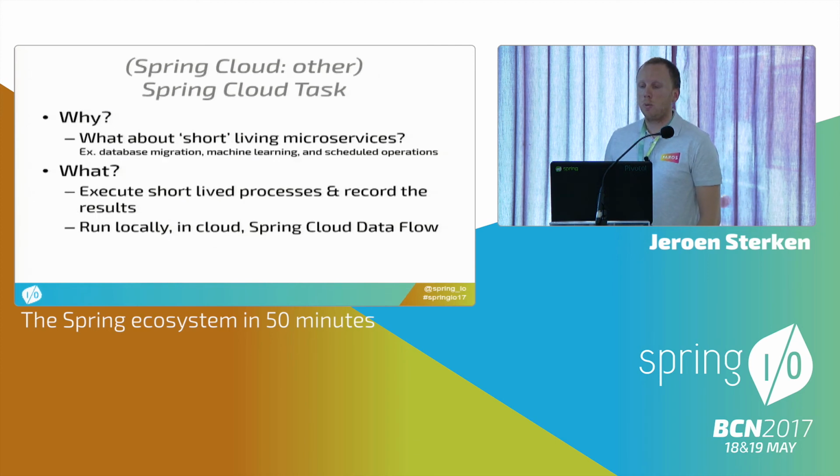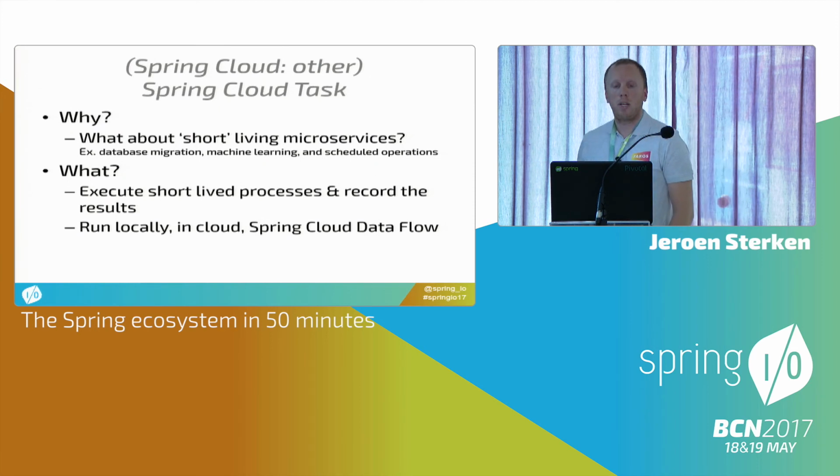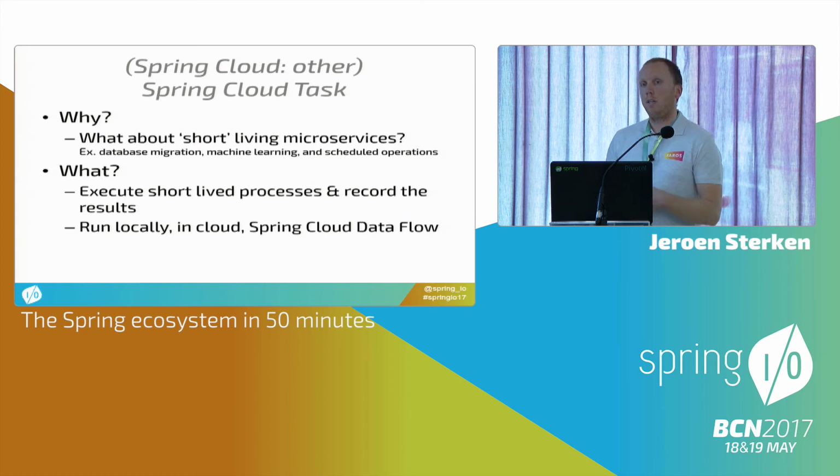And the last one that I'm going to discuss here on the cloud track is about tasks. The meaning of this project is that maybe you have some microservices that are short-living, meaning that they don't have to be operating all the time. They just do a certain operation, and after that one, it's just done. And Kubernetes doesn't really need to care about it anymore. It doesn't need to keep it alive.